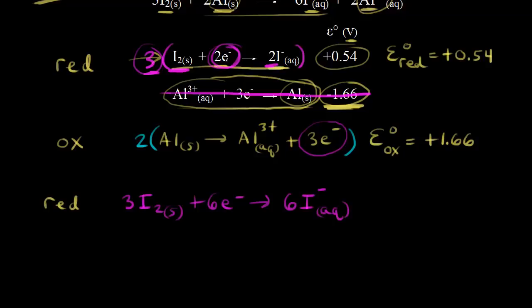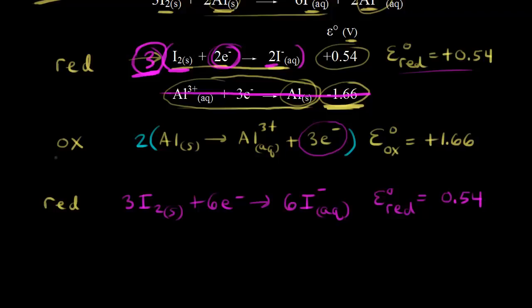All right, so we multiplied our half reaction by 3, but remember, we don't multiply the voltage by 3 because voltage is an intensive property. So the standard reduction potential is still positive 0.54 volts.